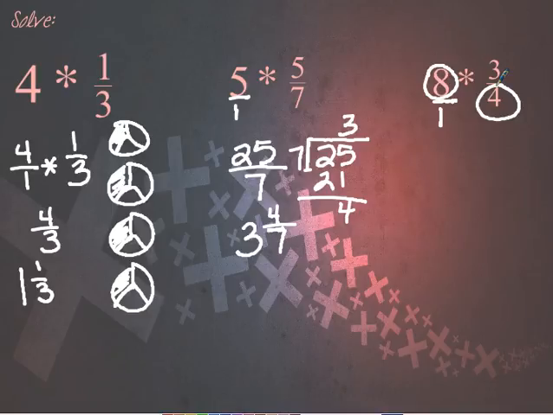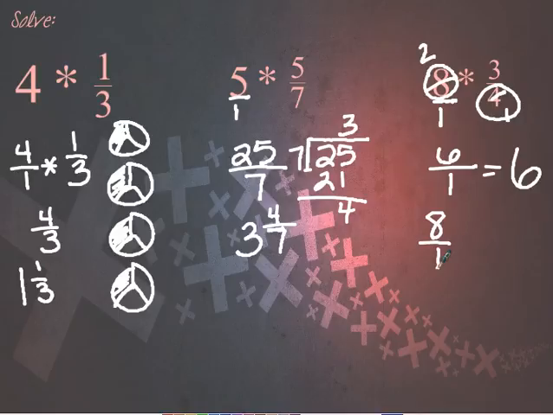So I can simplify them by doing 4 divided by 4 is 1, and 8 divided by 4 is 2. So now I can multiply 2 times 3, which is 6, 1 times 1, which is 1, and I get 6.